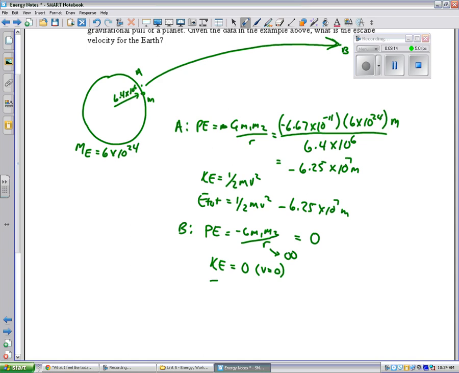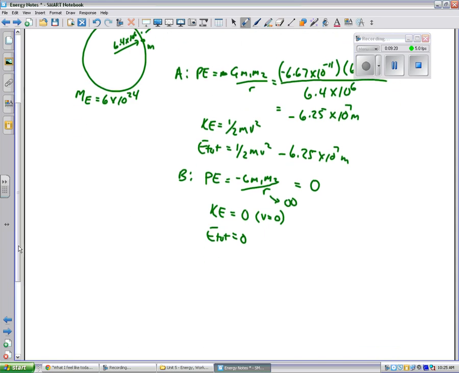So my E total here is going to be 0. Then setting my E totals equal to each other, I get 0 equals 1/2 mv squared minus 6.25 times 10 to the 7th m.